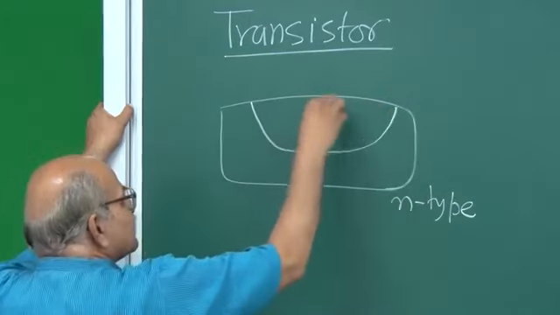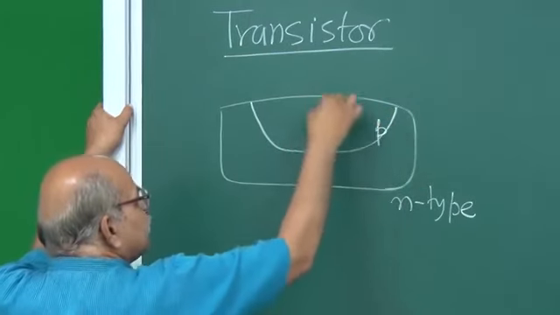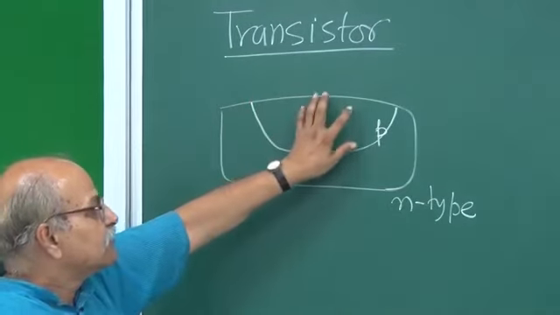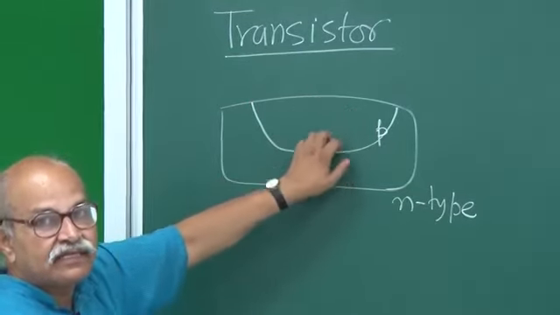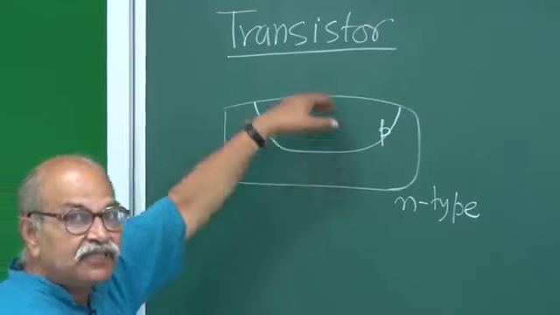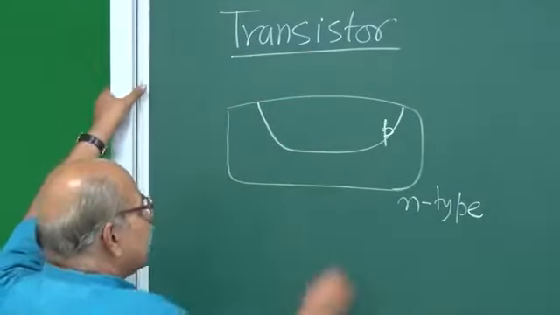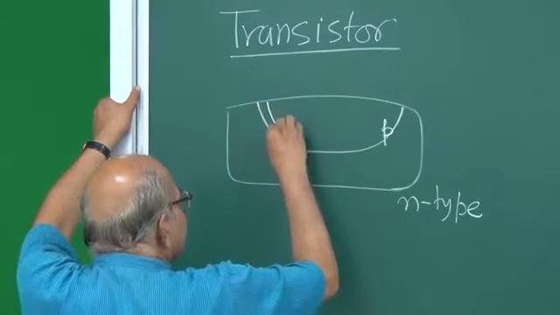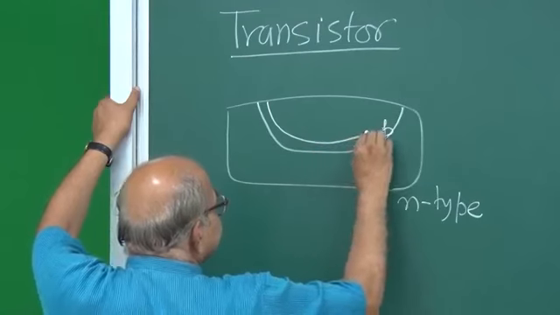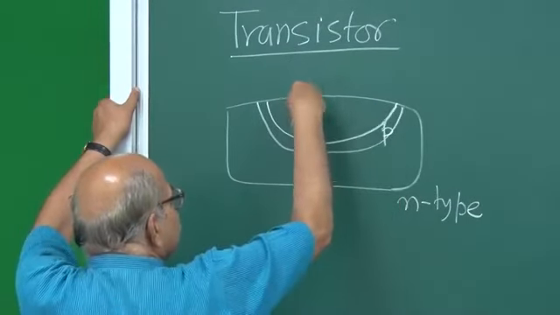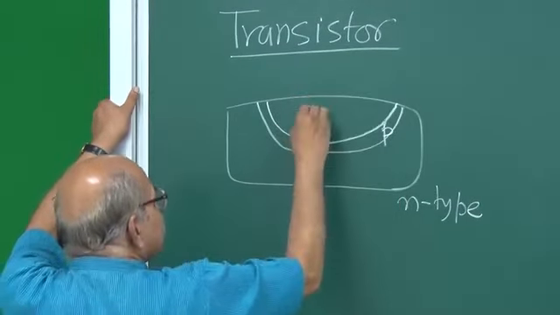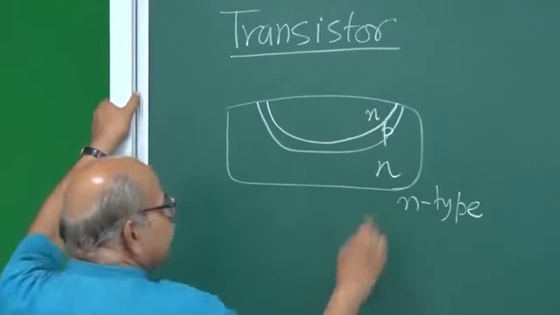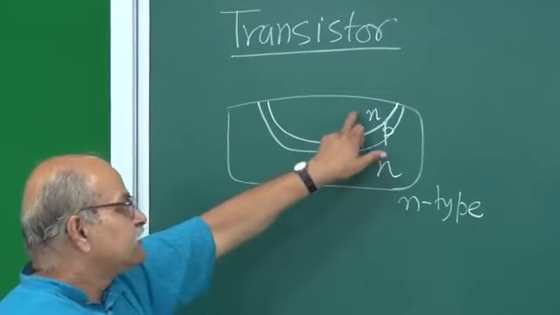So p-type impurities are diffused from here, and this becomes p-type. You get a p-n junction. And then further diffuse n-type impurities from top and make this n-type. So this was already n-type, and this is p-type, and this is n-type.